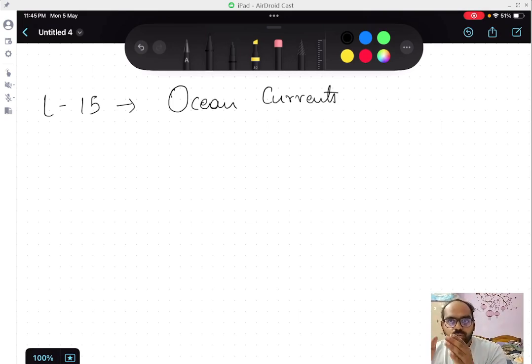Similarly, due to the action of these planetary winds, movements in the ocean are also generated, and these generated movements are called ocean currents. In a way, ocean currents are similar to a river flow. How does a river flow?